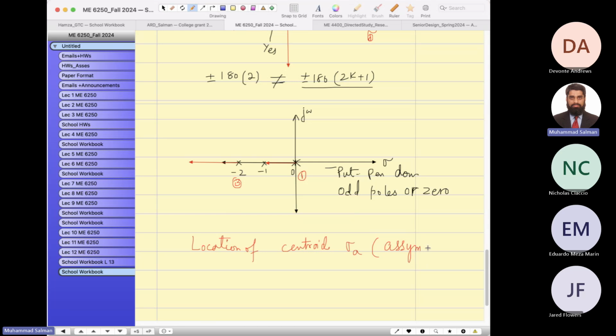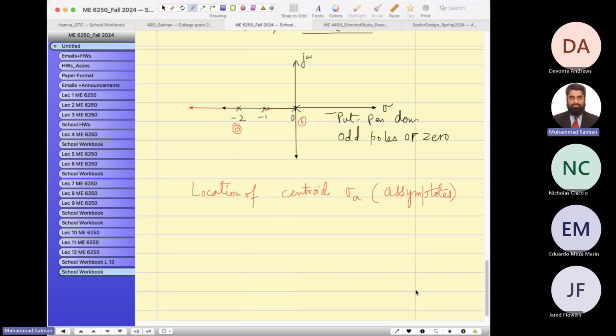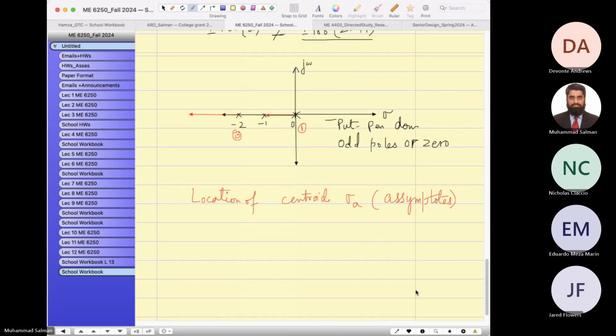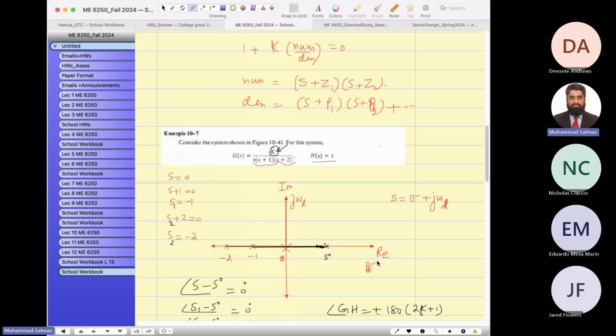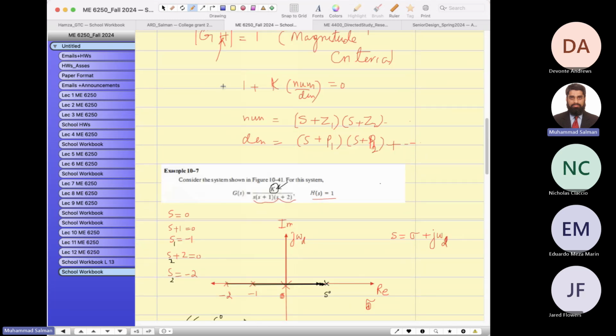What are the asymptotes? Asymptotes are the lines which go to the open loop zeros. Let me show you how many zeros are in this open loop transfer function. You can check. Look, there is no zero in the numerator.